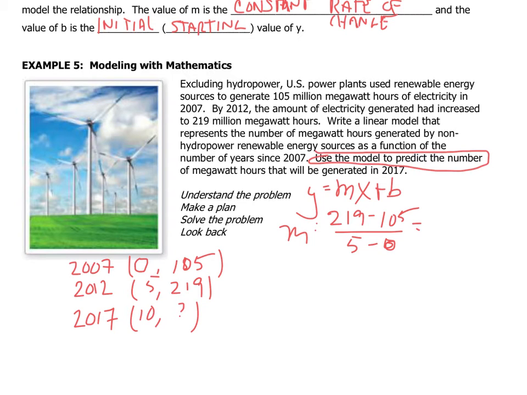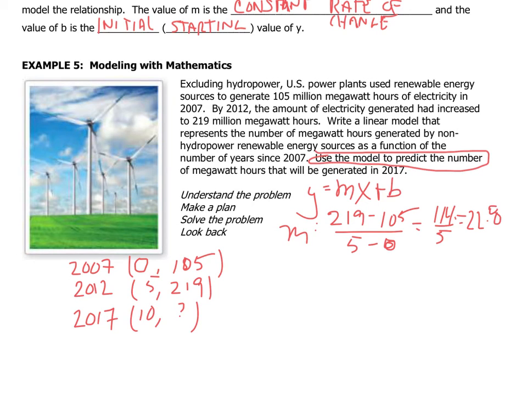So just trying to find an average of how many megawatt hours we used each year. If I calculate a constant rate of change, what would I get here? I would get 114 over 5, which will give me 22.8 per year.